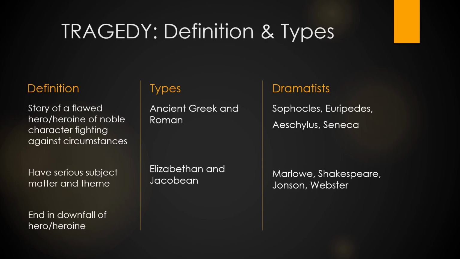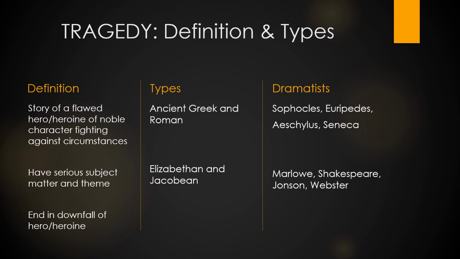So here you see the definition and types of tragedy. The definition you all know: it's a story of a flawed hero or heroine of noble character, fighting against circumstances, and the themes obviously will be serious, and it ends in the death or downfall of the hero.